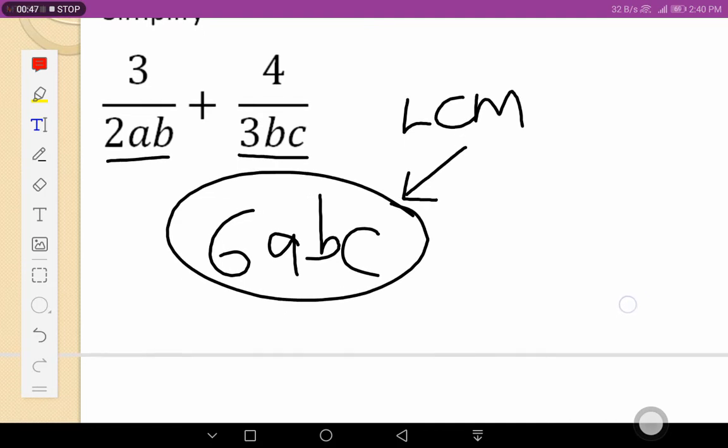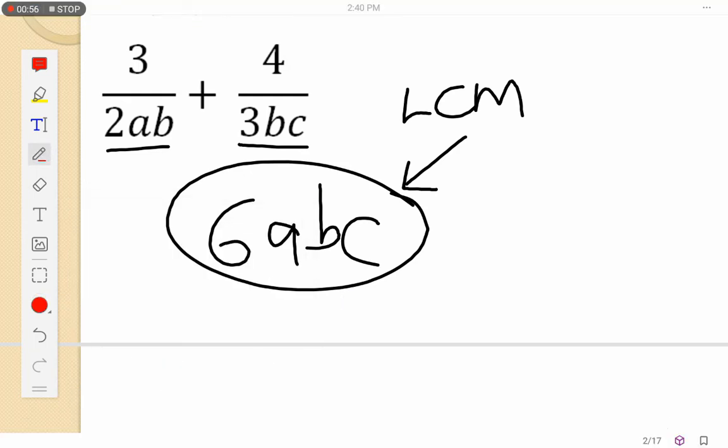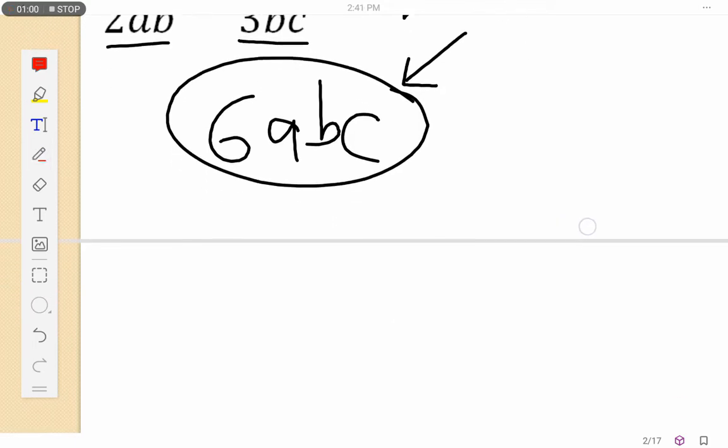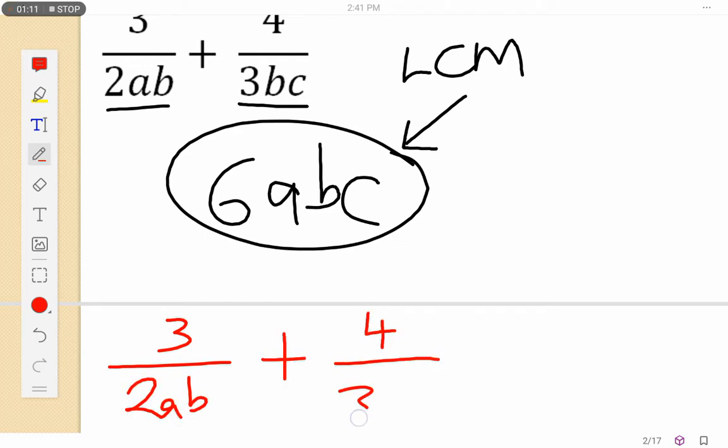Now we rewrite our equation. We have 3 over 2AB plus 4 over 3BC.